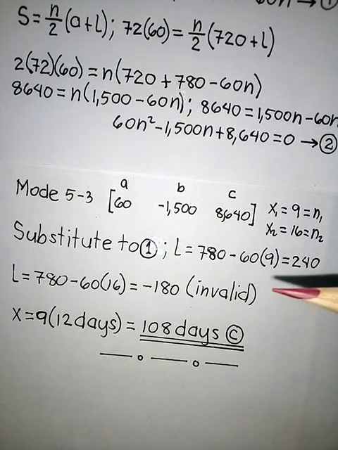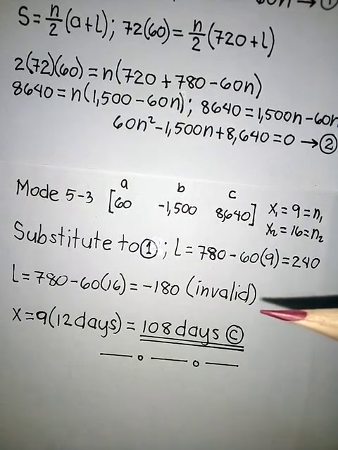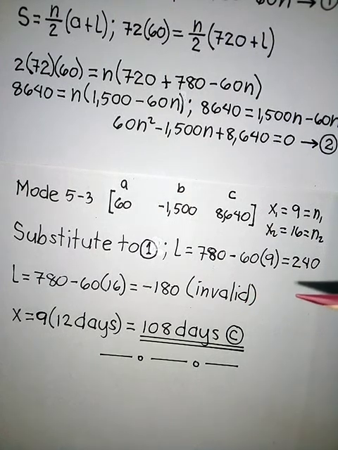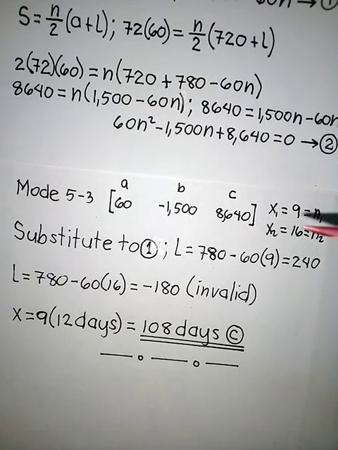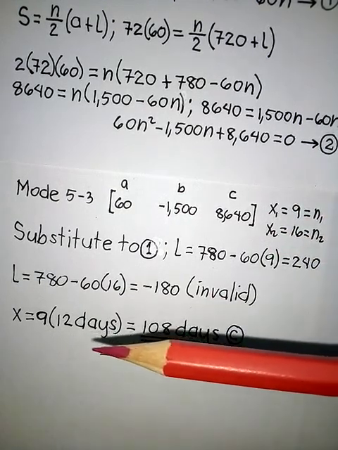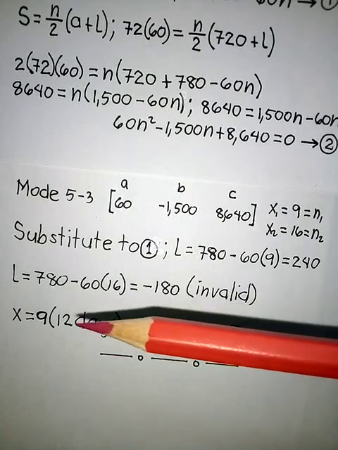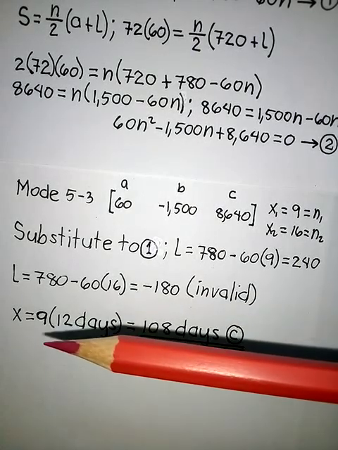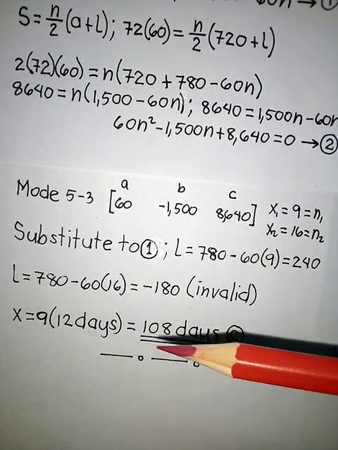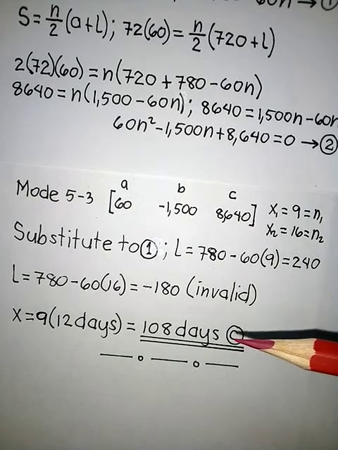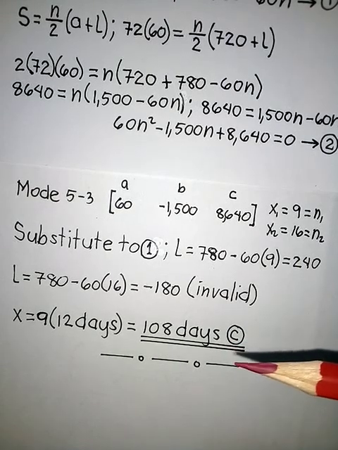That is invalid because the unit should be men-days, or men multiplied by the number of days. So we will choose 9 for the answer. So 9 periods multiplied by 12 days is equal to 108 days. The answer is letter C in our choices.